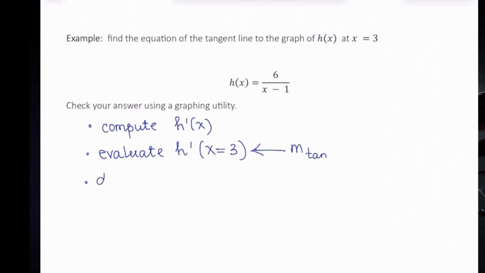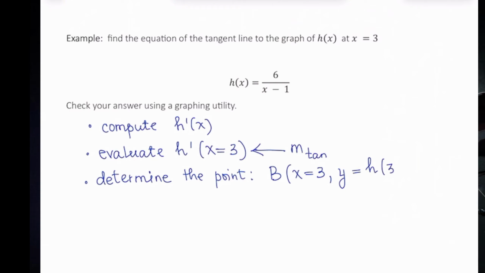Okay, so determine the point. Let's give it a name. Let's say this is point B with x coordinate being 3. The y coordinate is just h evaluated at 3, whatever that might be. Then use this formula, y minus y null equals m of tangent times x minus x null, to determine your equation.